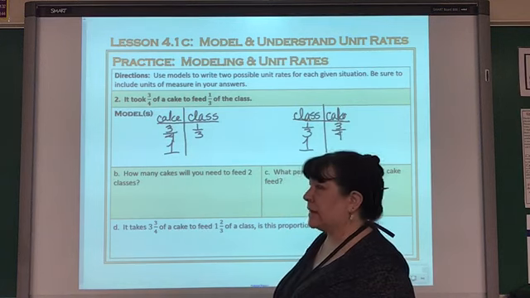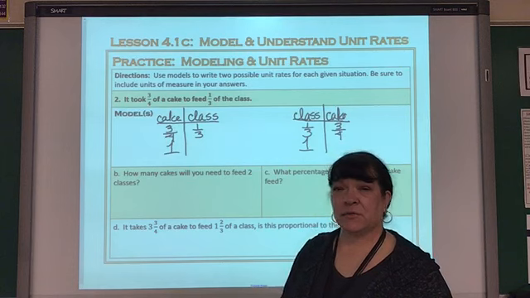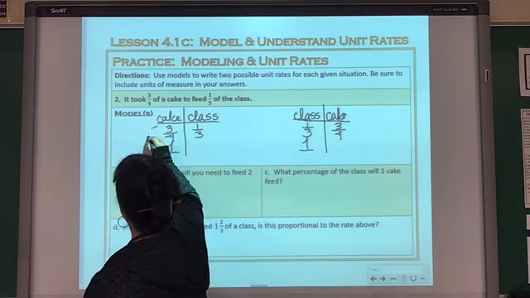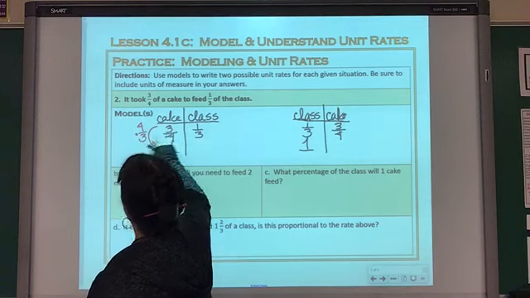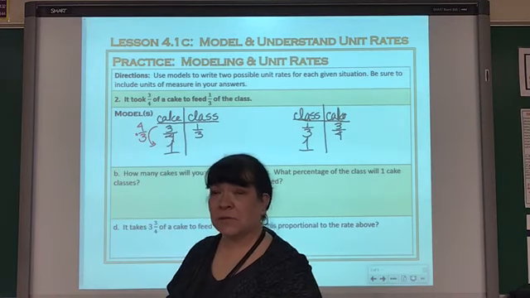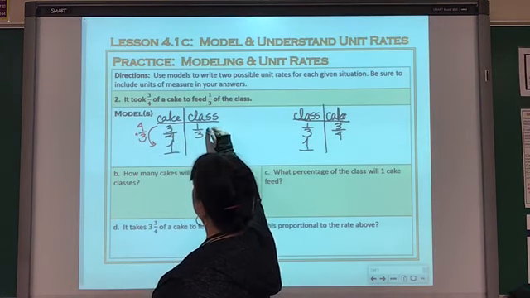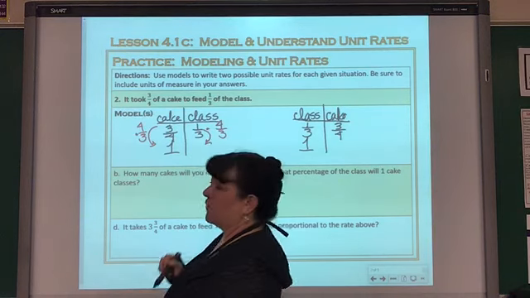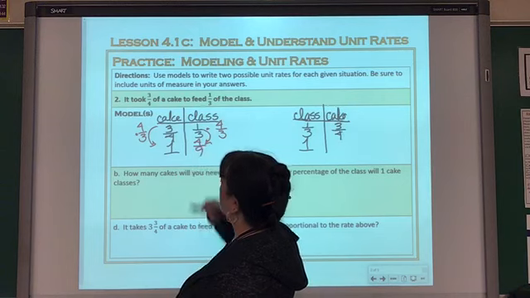Well, that's easy. 3/4, if I multiply it by its reciprocal, which is 4/3, that would give me 12/12, which is 1. So what I do to one side, I'm going to do to the other side to get the other value. And that will give me 4/9.